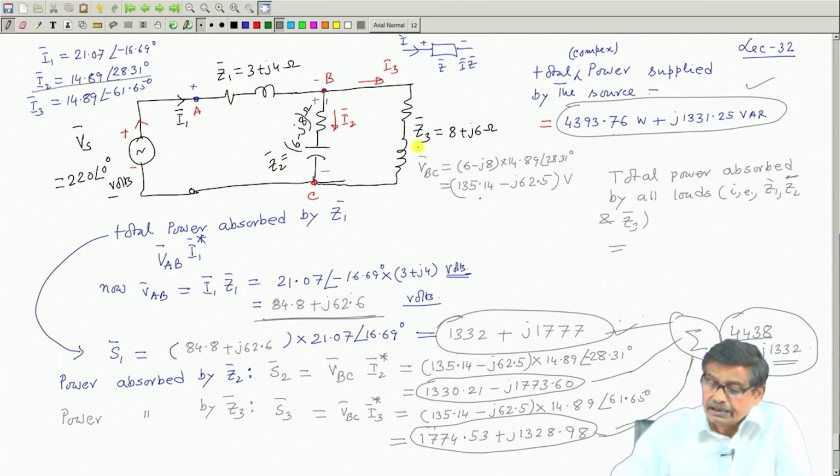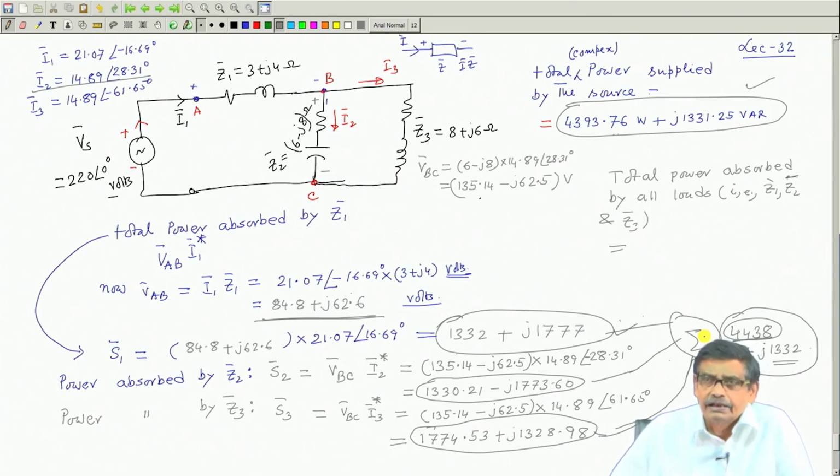And power supplied by the source must match the power absorbed by the loads, and it will come identical, but there is a slight mistake, maybe 4.4 kilowatt, 4.3 kilowatt, in terms of that we are getting. Just check your calculations once again. It is close by, but maybe because of truncation I have made some error.